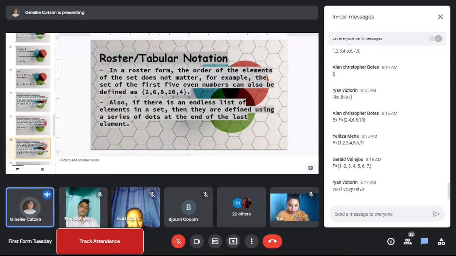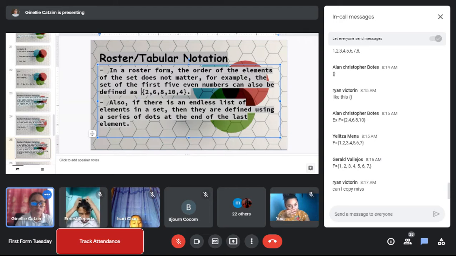So in roster form, the order of the elements of the set does not matter. For example, the set of the first 5 even numbers can also be defined as 2, 6, 8, 10, 4. So we notice that we do not have 2, 4, 6, 8, 10, right? But we have 2, 6, 8, 10, 4. It doesn't matter how it is, right? This should have an E here.